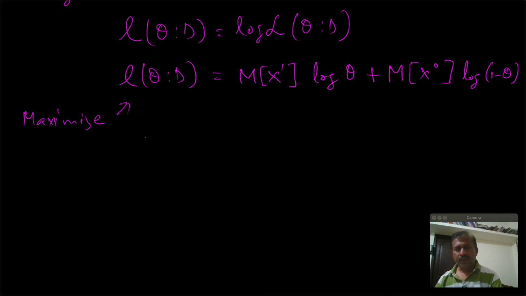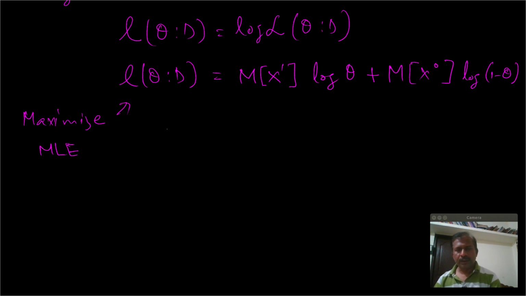So basically what we are looking for is the maximum likelihood estimate. How will you maximize this function? You have to differentiate it and equate it to 0 and find out for which theta value this function will be maximum. Since this is a very simple differentiation, let's see how we can do that.